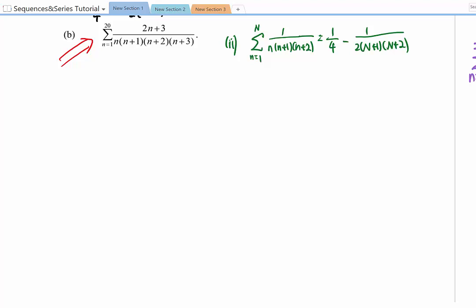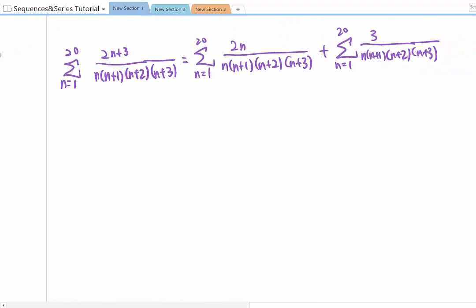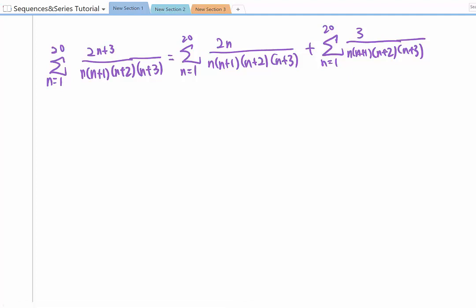So this means to say that in order for us to use the previous result, we have to kind of split the fraction so that there are now 3 consecutive factors in the denominator instead of having 4. Well, we can do some brute force method. Perhaps the first idea that comes to your mind would be to split it into 2n and 3 for the numerator. So I have done this out, and maybe this is also what you have tried.